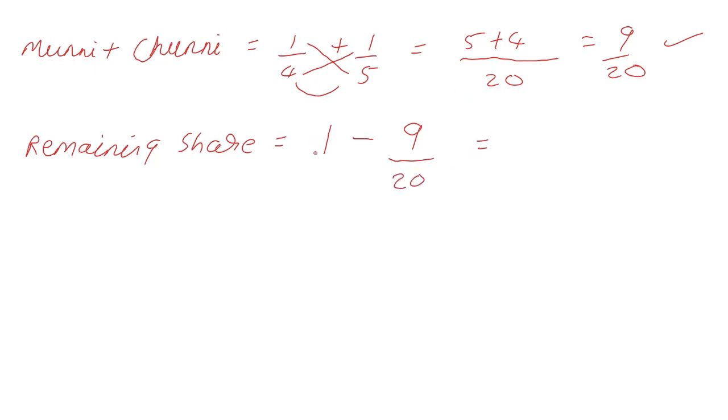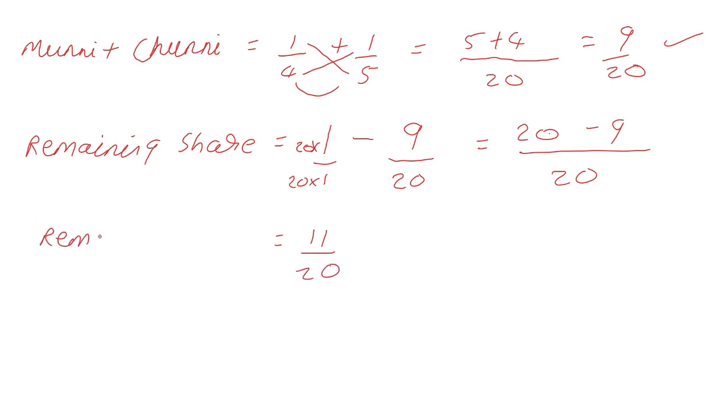Which is equal to, and what I'm going to do is this is 1/1, so I multiply the numerator and denominator by 20. So I'm going to end up with 20 minus 9 upon 20, which is going to give me 11/20.